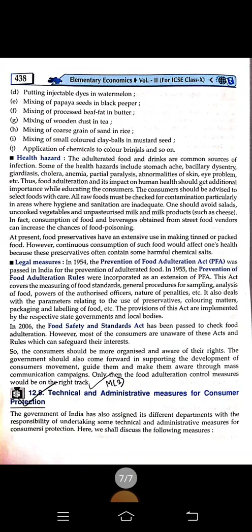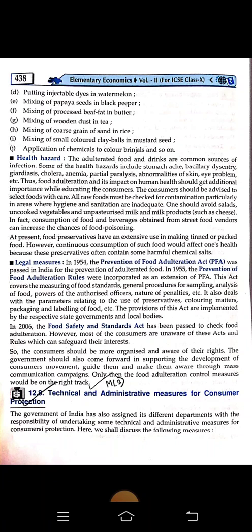So, health hazards. Adulterated food or drinks are common sources of infection. Some of the health hazards include stomachache, diarrhea, cholera, anemia, and so on, like gastric problems. There can be many more other problems, skin problems, eye problems.